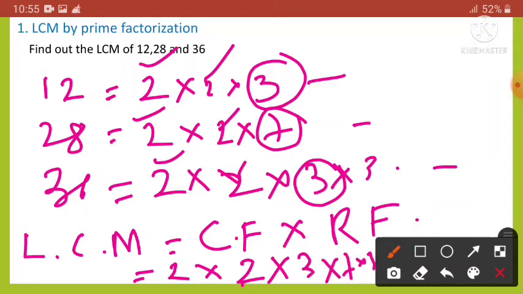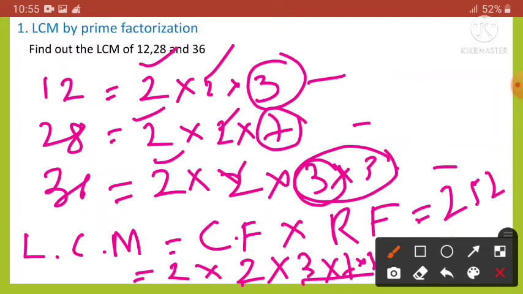So CF is 2 into 2 and RF is 3, 7, and as there are two 3s, we take only one. So 3 into 7 into 3. That means the LCM will be 252.